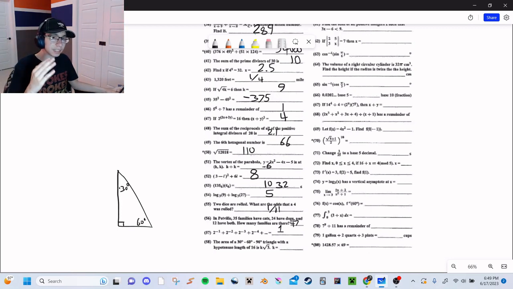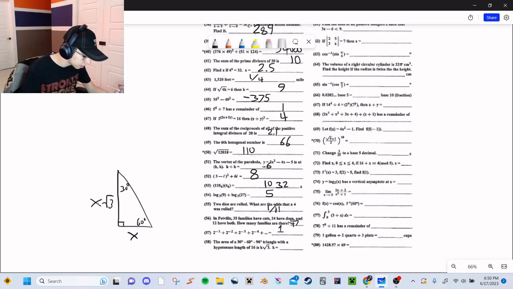So an important thing to know about a 30, 60, 90 right triangle is that the sides are in a certain proportion. So if this side length is x, the side across from the 30-degree angle, then this leg is a length of x times the square root of 3. There's a little delay on my pen.